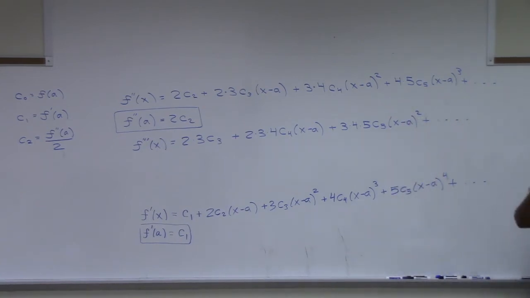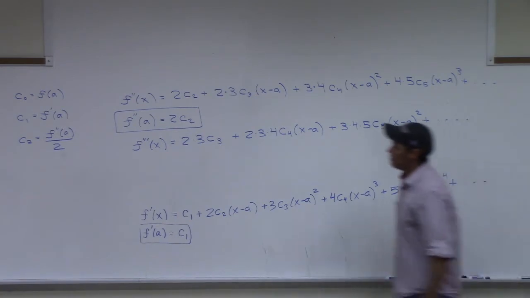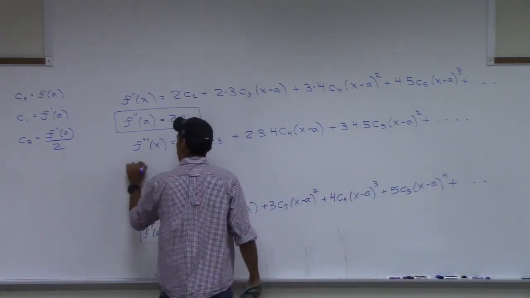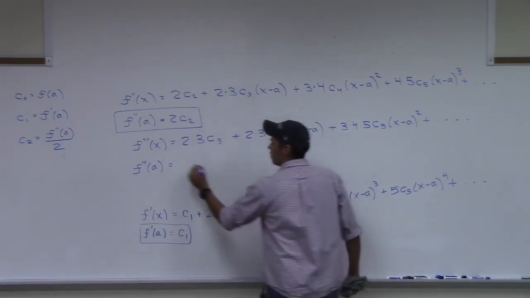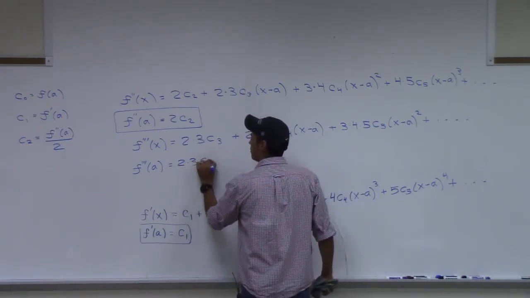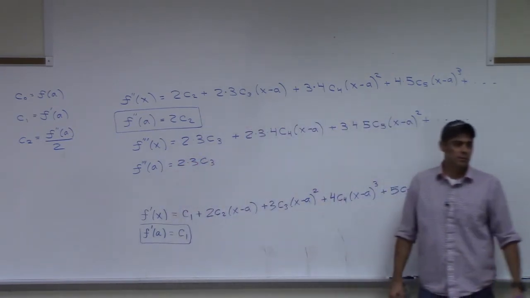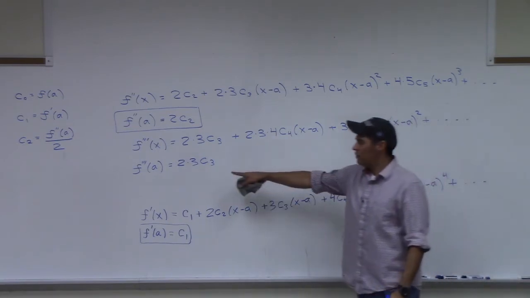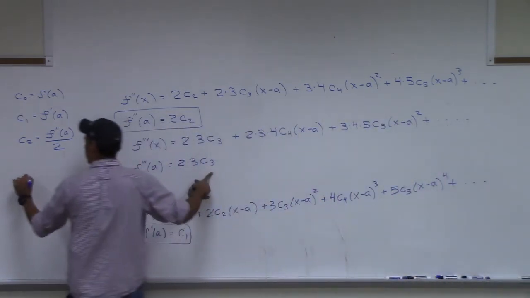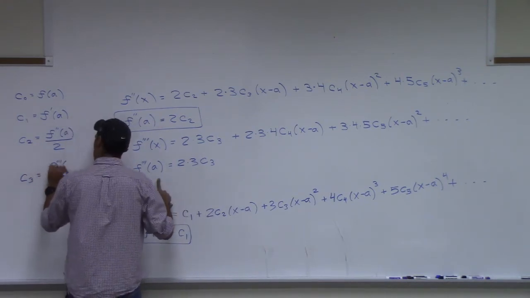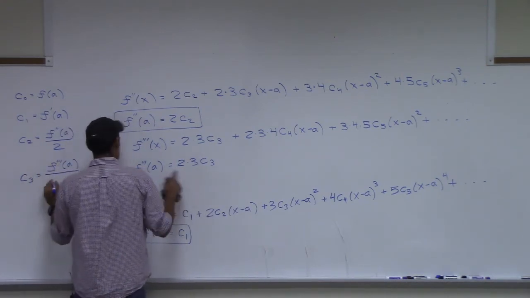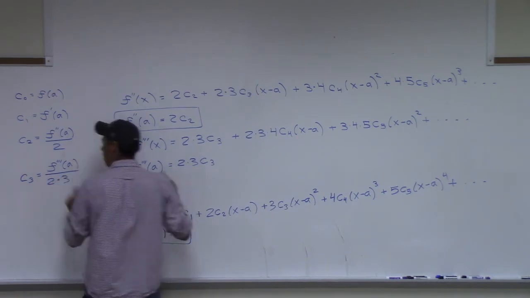And now let's plug a in again. So what happens at a? The third derivative at a is what? 2 times 3 c sub 3. So solve this for c sub 3, and we get c sub 3 is the third derivative evaluated at a over 2 times 3. Do y'all see the pattern?